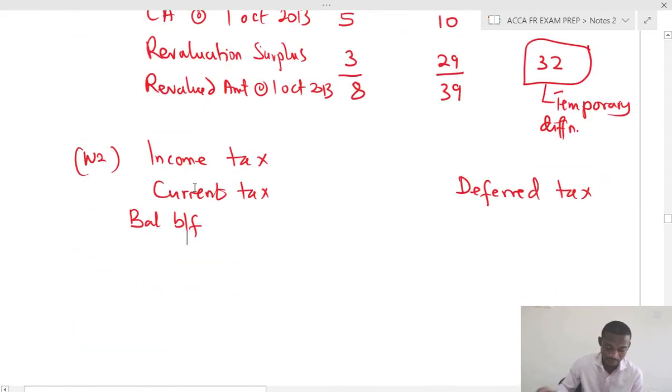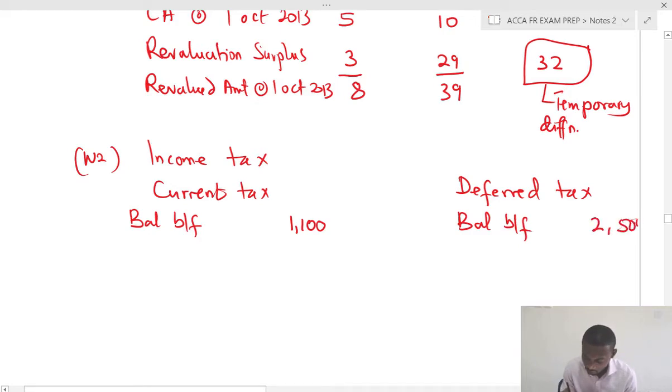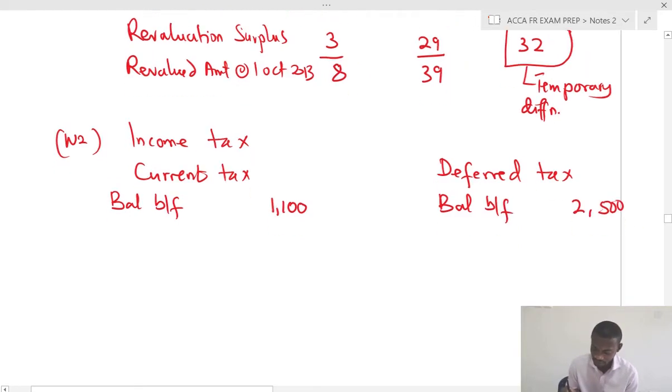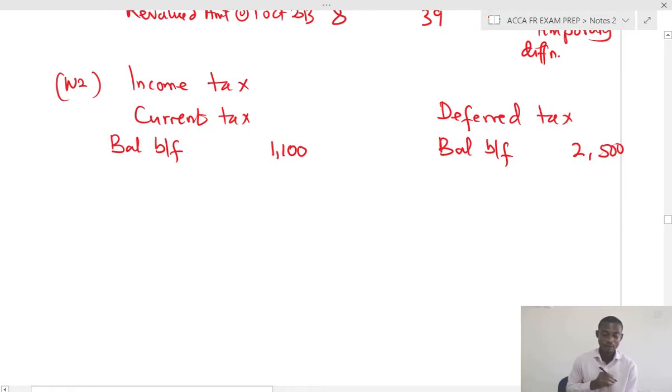What I will do next under the current tax is to add the current tax provision. So I'll say current tax provision. Remember, this balance brought forward is over. It was 2.4. So I'll bring the 2.4 here.